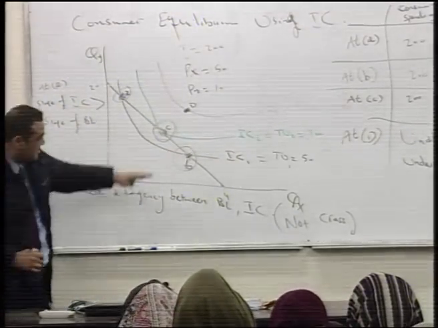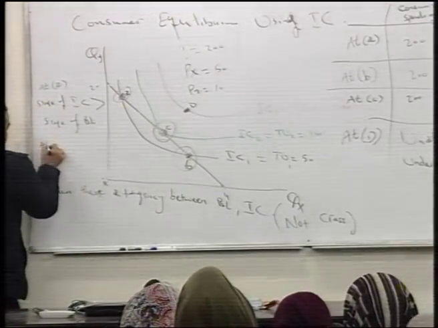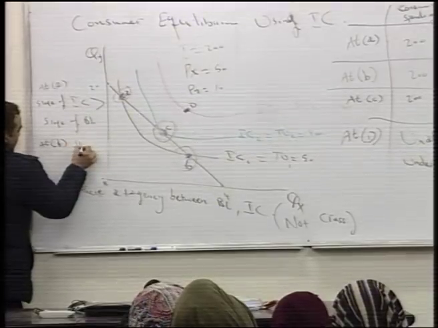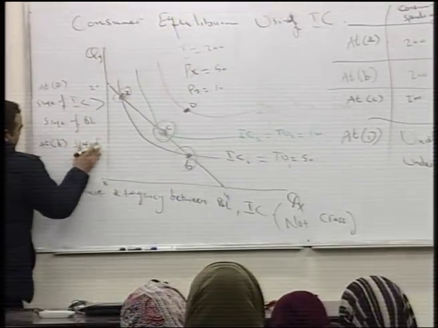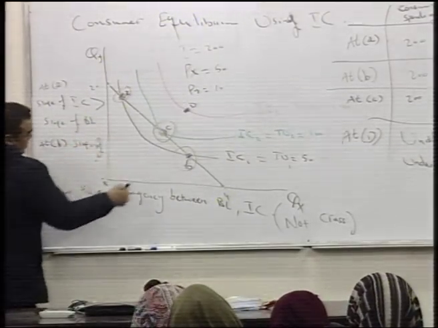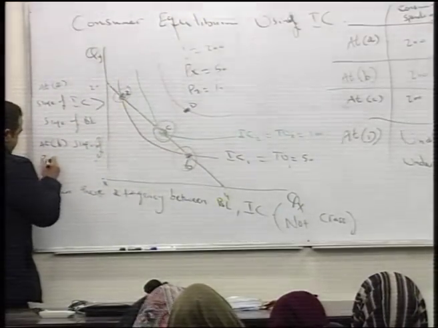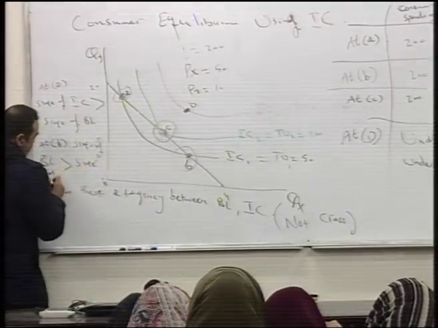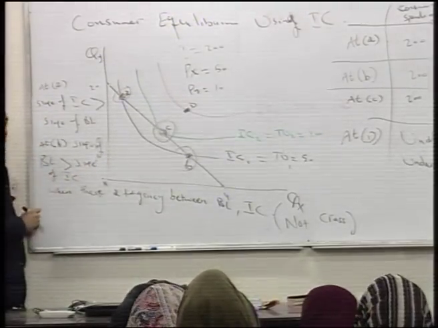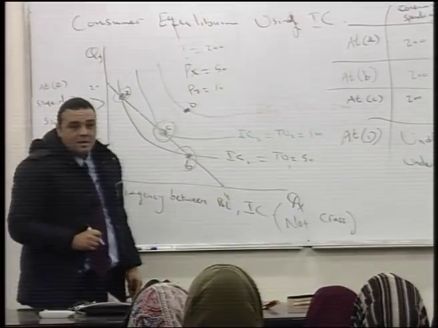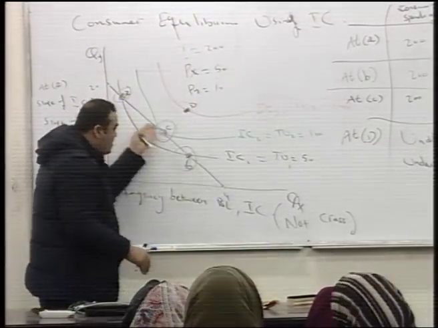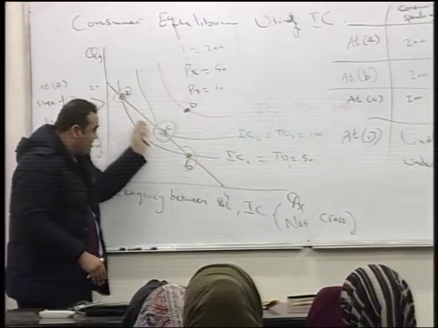صح؟ إذن هنا at point B the slope of the budget line is bigger than the slope of IC. صح؟ مظبوط؟ وين البوينت اللي بس عندها بيكون the slope of indifference curve equals the slope of the budget line?